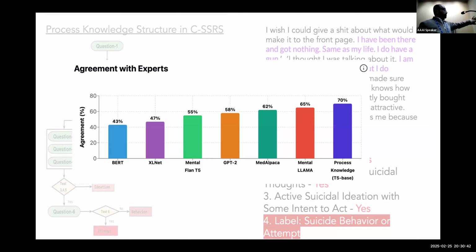The standard performance is relatively low, but that's what we found in all of these models. Considering the recent MentaLLaMA and the process knowledge that we tried out, even T5 turned out to be a better model compared to the relatively larger middle bucket GPT-2 designs.